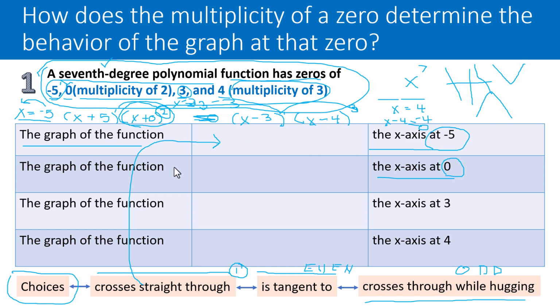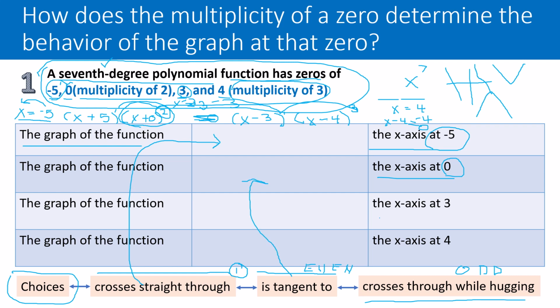So this is an even number, so it's going to be tangent to. So let's take that and move it up here.